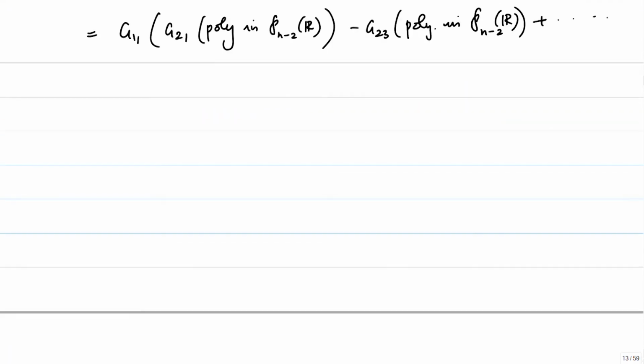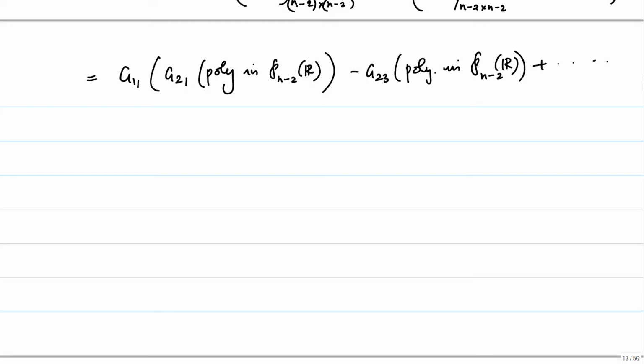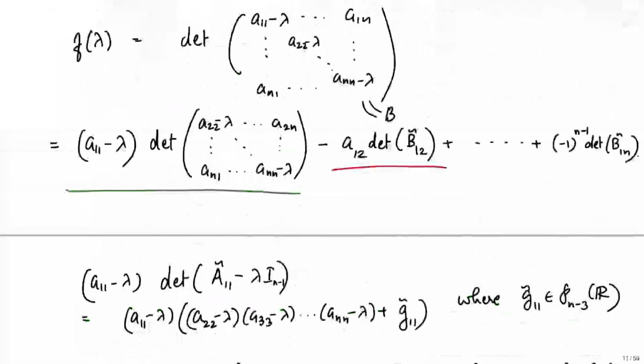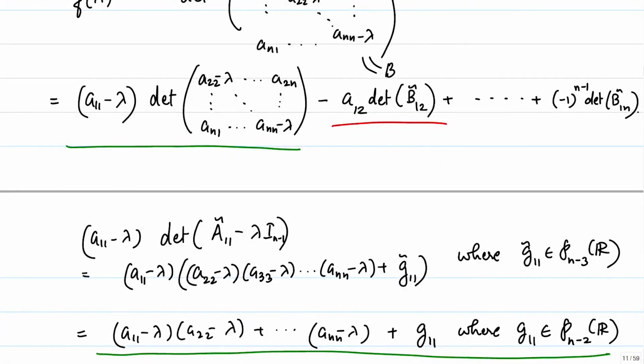And notice A21, A31 and all these are constants, or rather scalars, real numbers, degree 0 polynomials. So this will just turn out to be some G12 which is in P n minus 2 of R. So this red will just turn out to be this red.